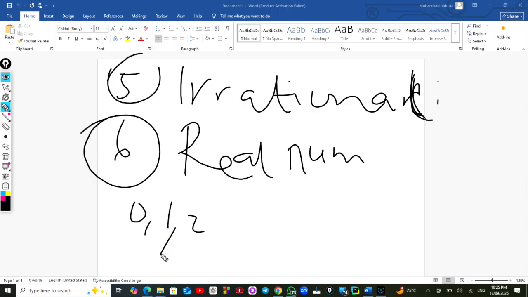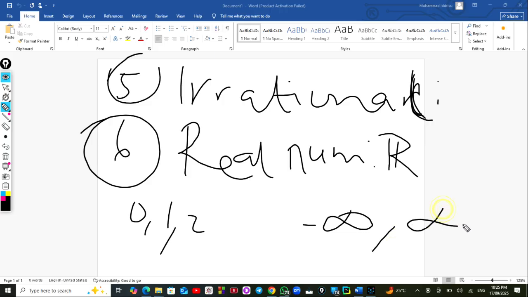So if you don't want to stress yourself, you can just use the interval negative infinity to infinity. This will capture all the numbers we have done, natural numbers, whole numbers, integers, rational numbers, irrational numbers. All of them combined will give us the real number system, which is from negative infinity to infinity.